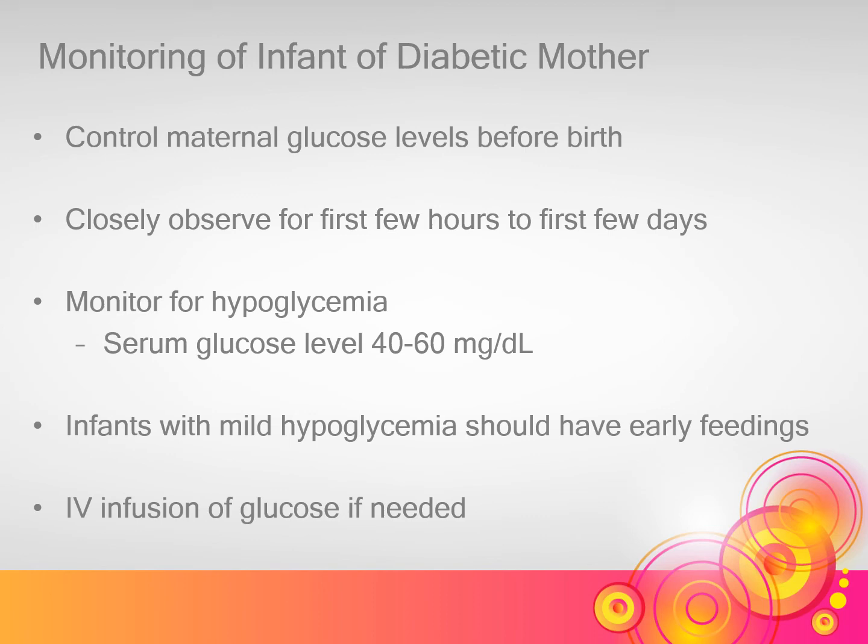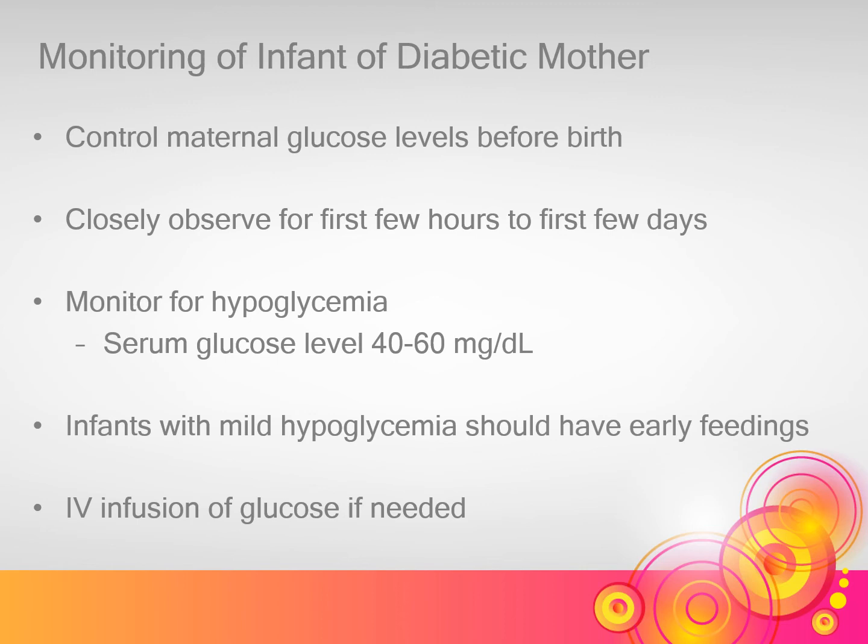Monitoring of an infant of a diabetic mother. So in order to prevent complications in our newborn, we need to be able to control the maternal glucose levels before birth. We need to closely observe the baby for the first few hours to the first few days. We are definitely going to monitor them for hypoglycemia.